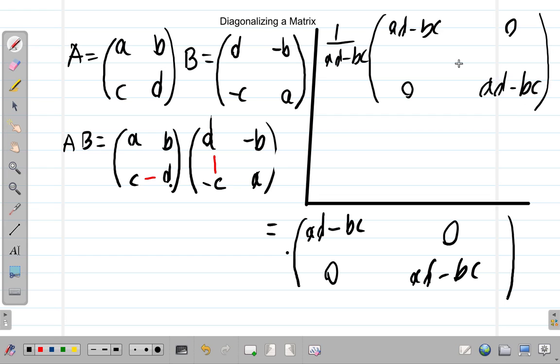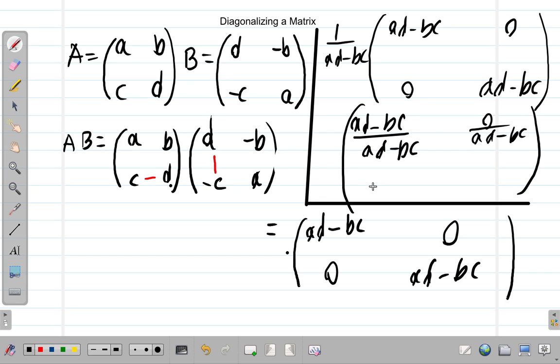Now, remember what you do, multiply the number by each entry in the bracket. So AD minus BC over AD minus BC is what you're going to get here. It's going to be 0 over AD minus BC. This one is 0 over AD minus BC. And this one is AD minus BC divided by AD minus BC.